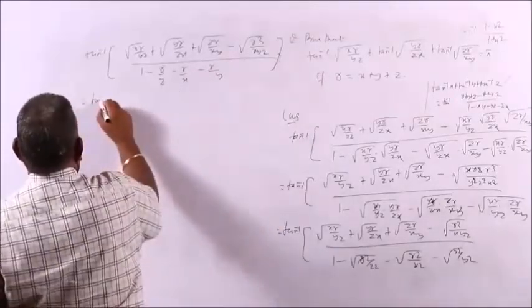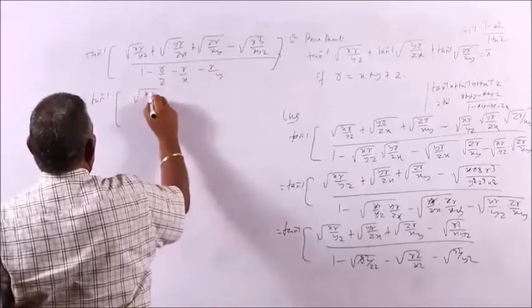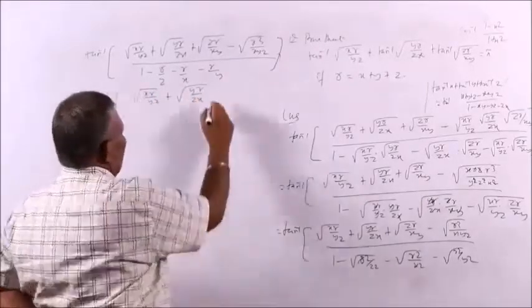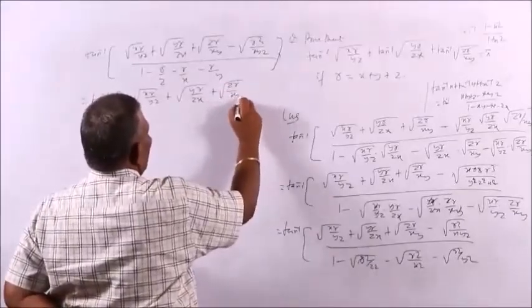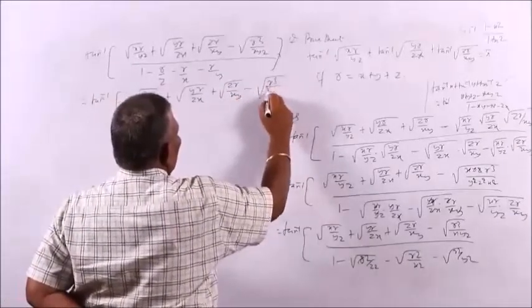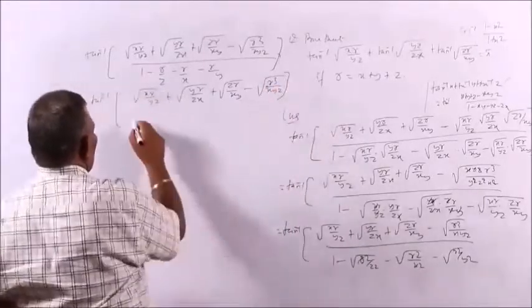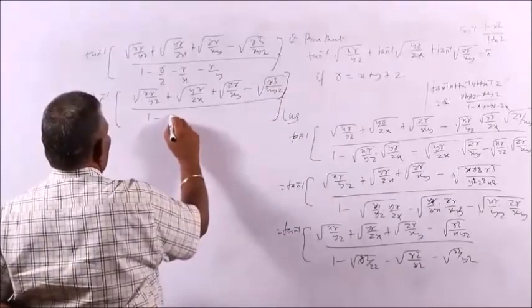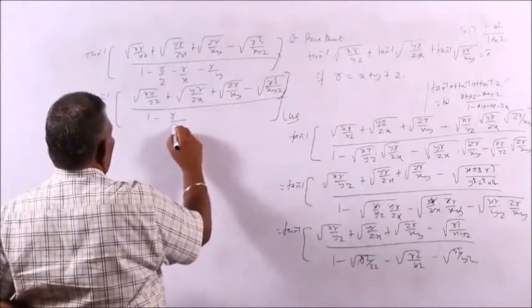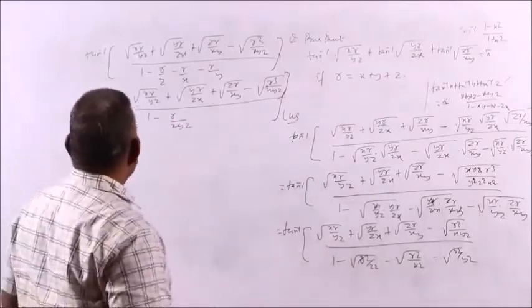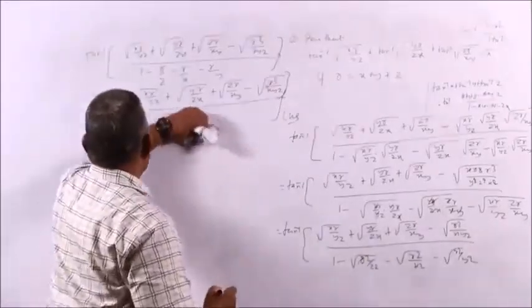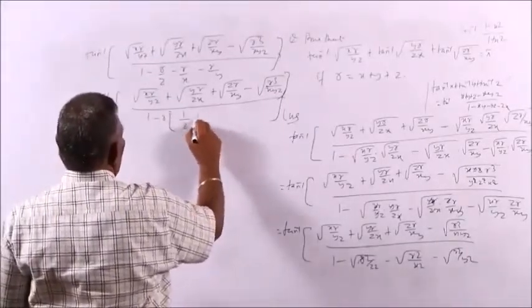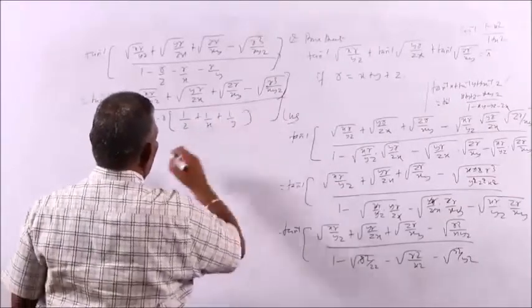That can be written as tan inverse of root over of xr by yz plus root over of yr by zx plus root over of zr by xy minus root over of r cube by xyz, whole divided by 1 minus r by xyz. Sorry, you can take a common of r, 1 by z plus 1 by x plus 1 by y.